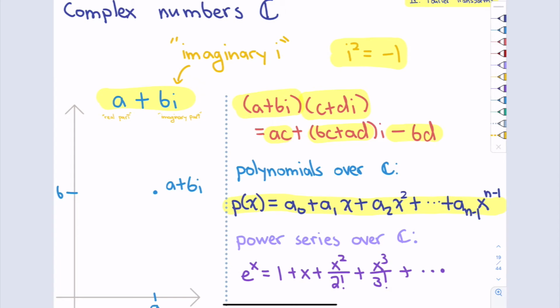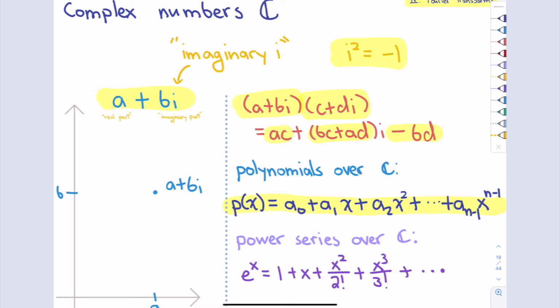But now when I look at a function like e to the x, it's not clear what e to the x is when x is complex, except you can actually think of the exponential function as a polynomial, an infinitely long polynomial, a so-called convergent power series.